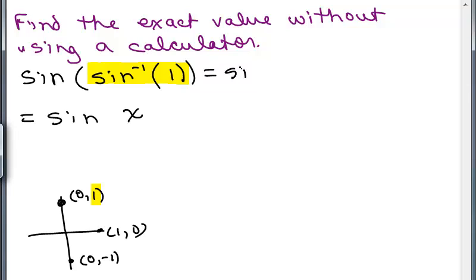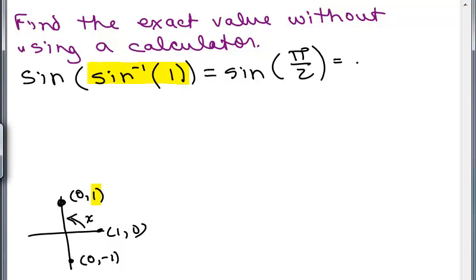So this now becomes the sine of pi over 2. That was the x I was looking for, which I called the inverse sine of 1. Now we want the sine of pi over 2. Well, that's easy. We already drew pi over 2 right here, and we look at the y value, and we get 1.